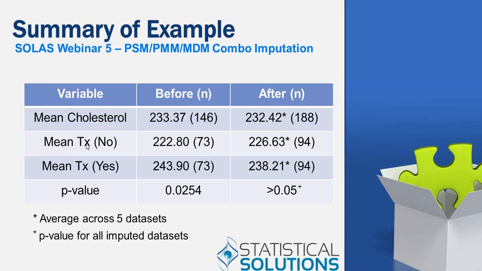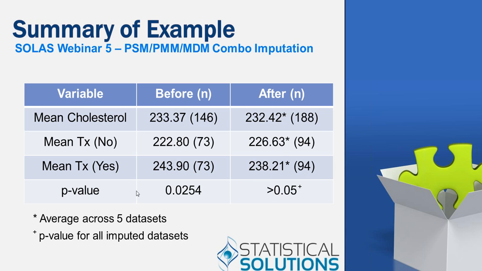The mean value for the treatment group no went from 222 with 76 people to 226 with 94 people. And the mean cholesterol value for the yes group went from 243 down to 238, and the sample size changed from 73 to 94 cases.